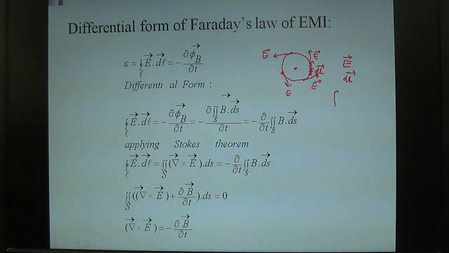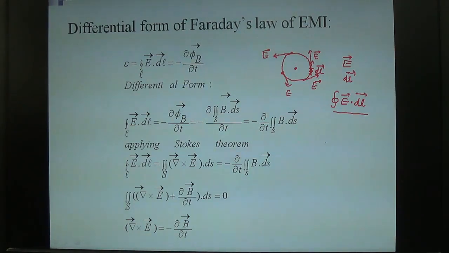So the closed path integral of E dot dl, what does it signify? It signifies the EMF, the potential basically, which develops across the ends of the coil, right?